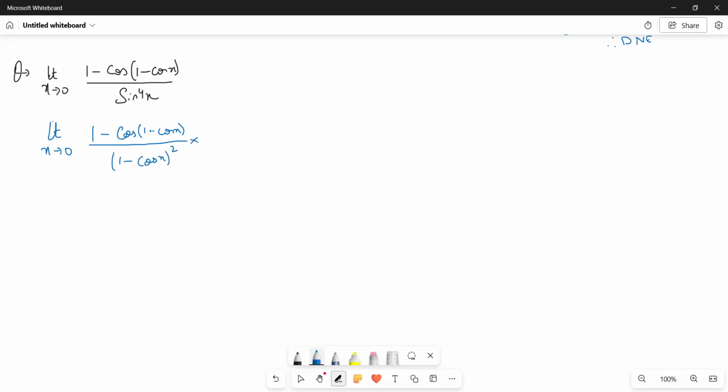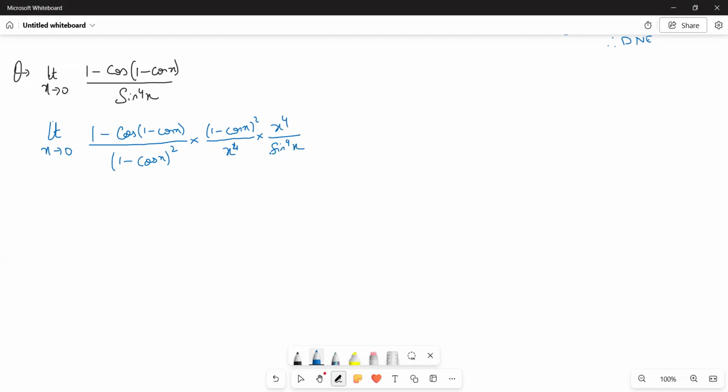So we multiply and divide with the square of that something. So here we get 1 minus cos x whole square. Next, what would 1 minus cos x need to become a perfect square, to become a standard limit? It needs a square, and with a square this will become x power 4. So we multiply by x power 4 and then we have sin power 4x.